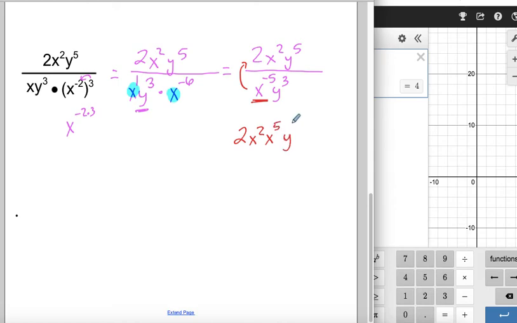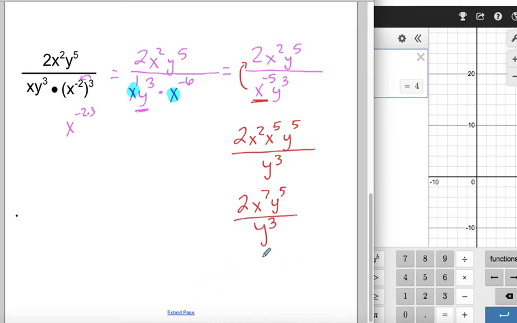And then we had y to the 5th. And then on the bottom, we left behind a y cubed. Next, I'm going to put these x's together that are up top. So the numerator is now going to have up top, I have 2 x's and 5 more, so I have 7 total x's. And then I had y to the 5th. And then the denominator was y cubed.